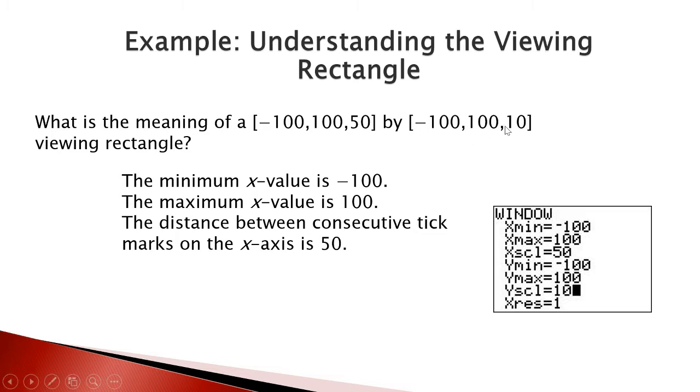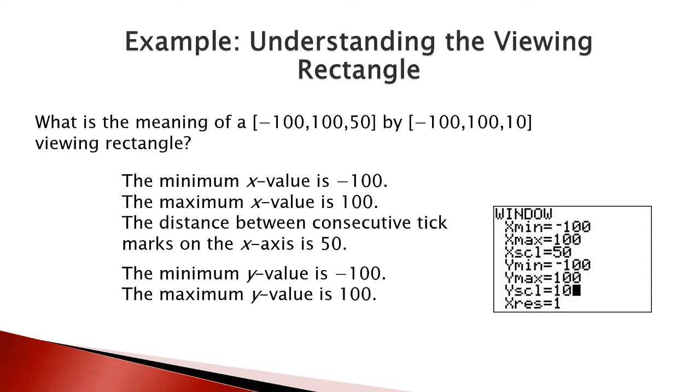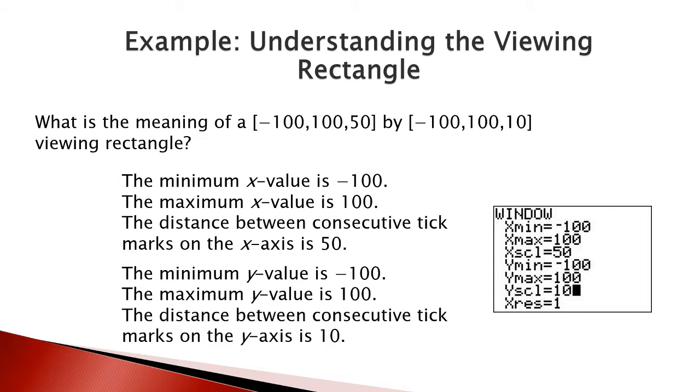And then this gives the information about the y-axis. Minimum value of y is -100, maximum value of y is 100, and then the distance between consecutive tick marks on the y-axis is 10.